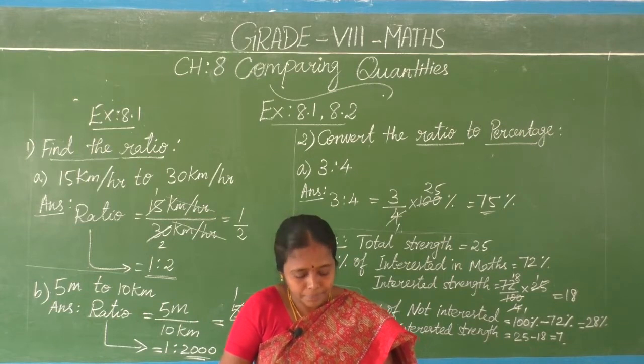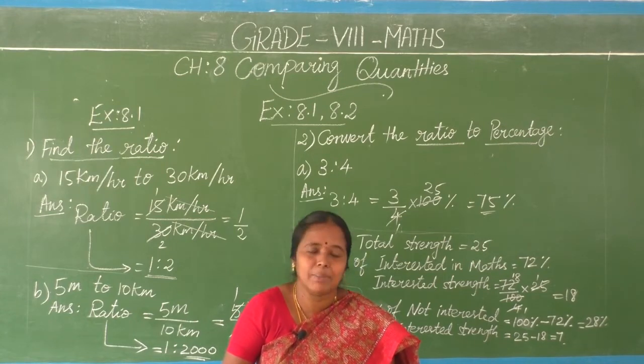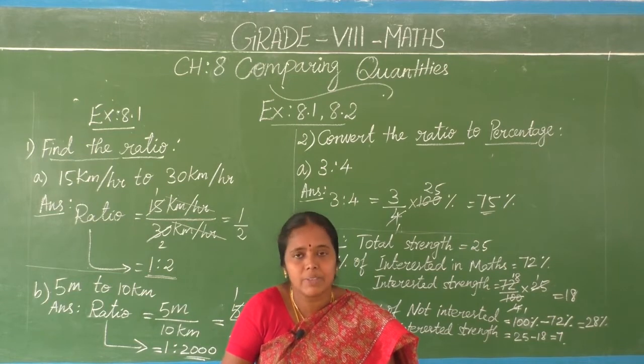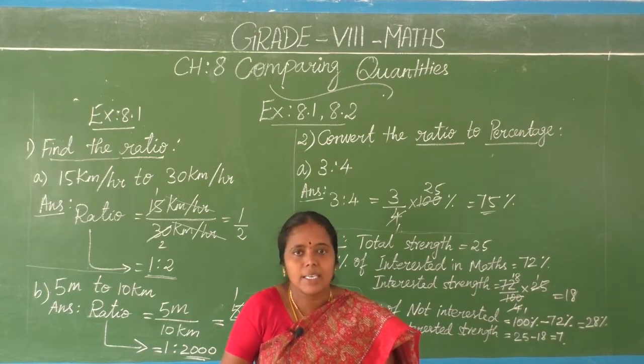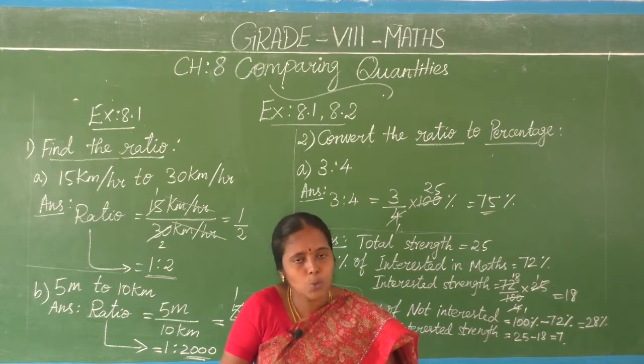One is comparison by division method. Another one is comparison by subtraction method. Comparison by subtraction is a well known one, you know well. For example, Rekha got 40 marks in the last maths test. Geeta got 20 marks. So whose score was greater? Rekha.